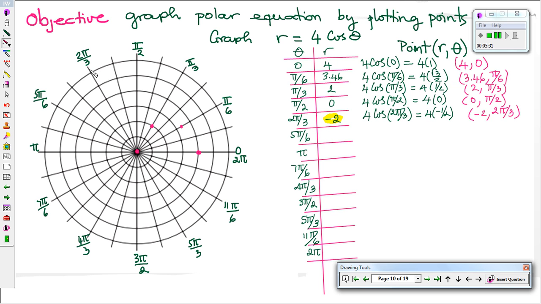First, I'm going to locate 2 pi over 3. This is the terminal side for the angle 2 pi over 3. But we won't be able to stay on this terminal side to plot the point, because r is negative. So I'm going to go to the opposite side, which is 5 pi over 3, and count 2 from the pole.